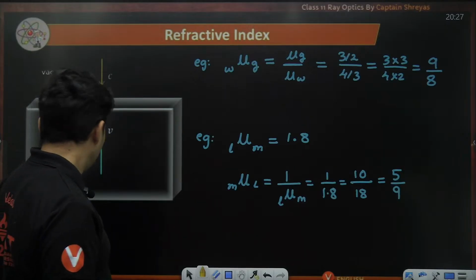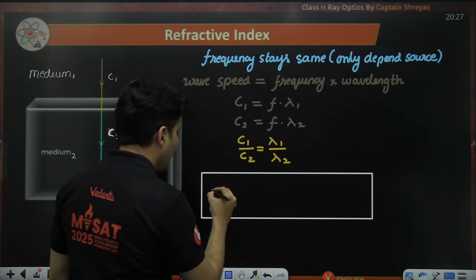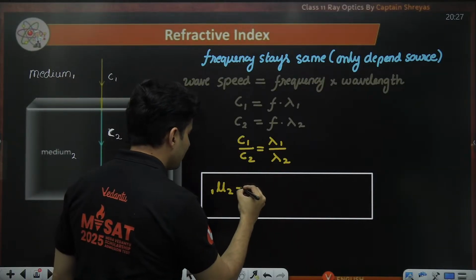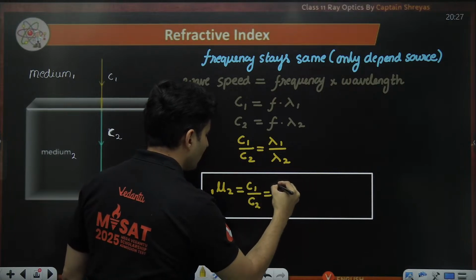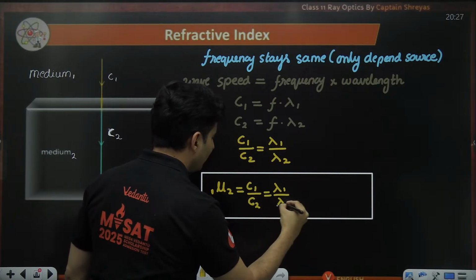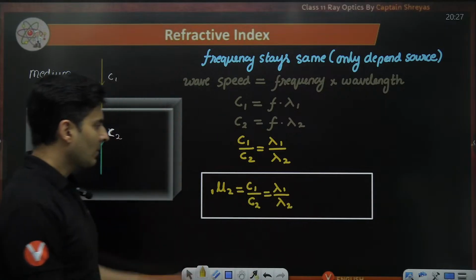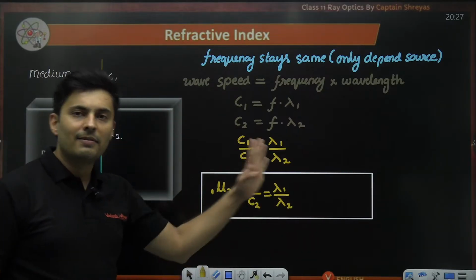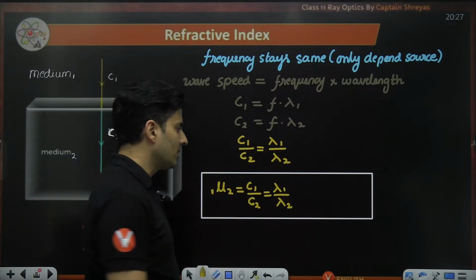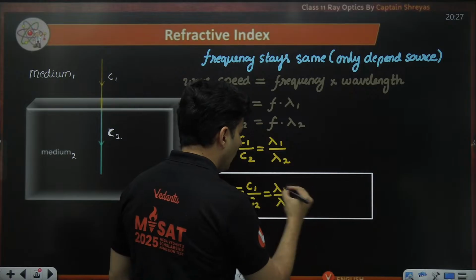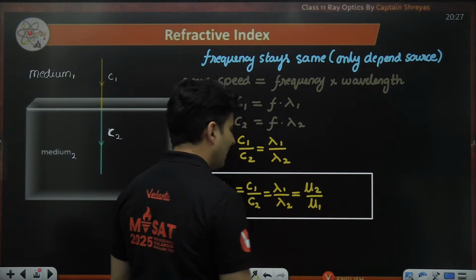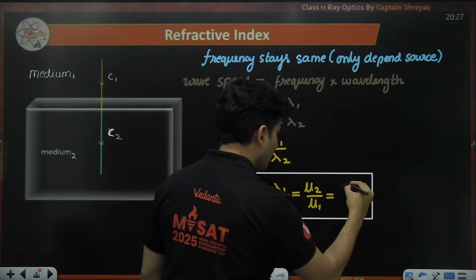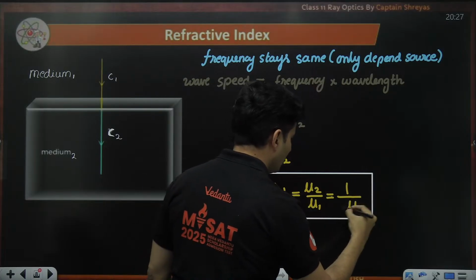So clearly, we can also say that the relative refractive index is not just the ratio of the speeds C1 by C2, but also the ratio of the wavelengths as well. Frequency will not change. This is also mu 2 by mu 1, which is also the reverse of 2 mu 1.